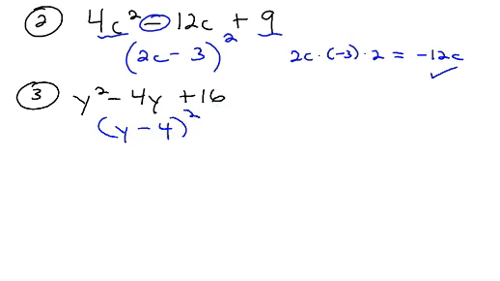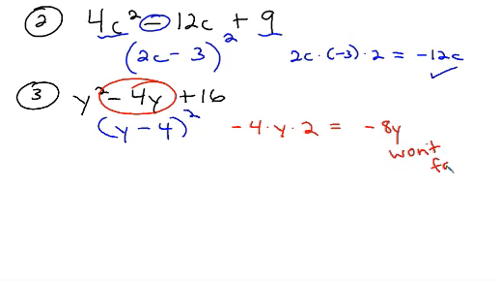If I check the middle term, I have negative 4 times y times 2. What is that? Isn't that negative 8y? Does that match our original one? Nope. So this one won't factor. It's important.